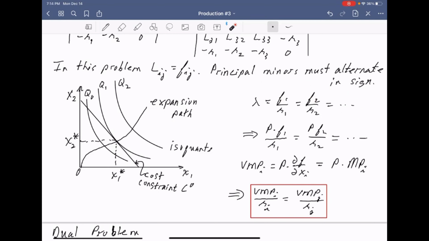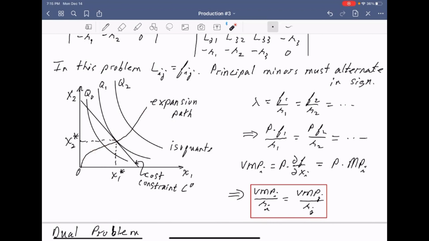We multiply both sides by p, and we get this result here, that the price times the marginal product of 1 divided by the input price of 1 equals the price times the marginal product of 2 divided by the input price of 2. That gives us this result where the value of the marginal product of i is equal to price times marginal product, and then we get this result, which is the formula for this expansion path.